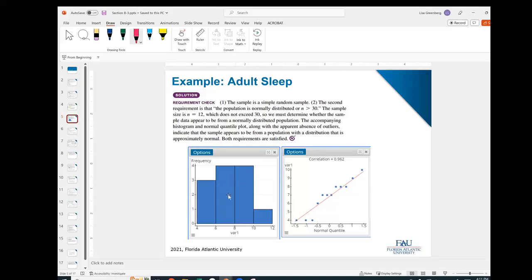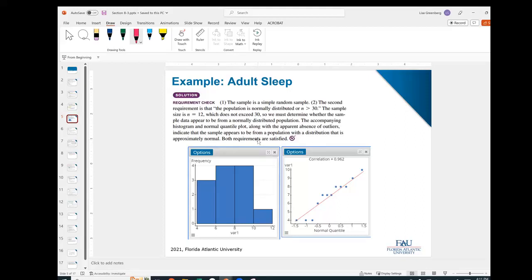I didn't show you this histogram, but this tells me enough information. You can look at both if you like. The accompanying histogram and normal quantile plot, along with the apparent absence of outliers, means there's nothing really way out there, and indicate the sample appears to be from a population with a distribution that is approximately normal. So both requirements are satisfied.